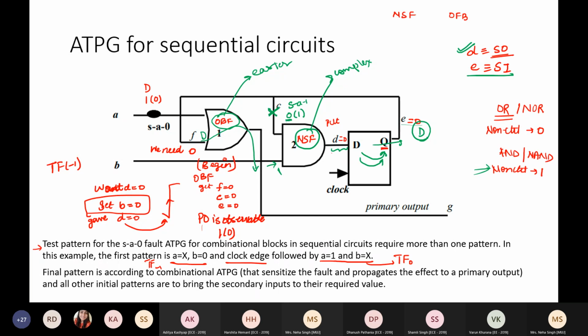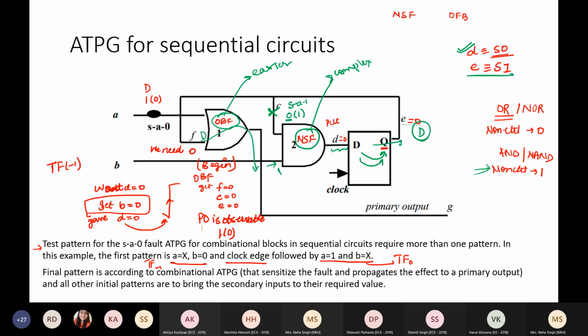Not at any. Only one stuck at fault at a time. Once we have analyzed for stuck at 0, I require 2 time frames. एक क्लॉक से पहले TF-1, एक क्लॉक के बाद TF0. But when I try to analyze this C stuck at 1, I will be requiring 3 time frames. One will be TF0 जहाँ पे observable होगा output.